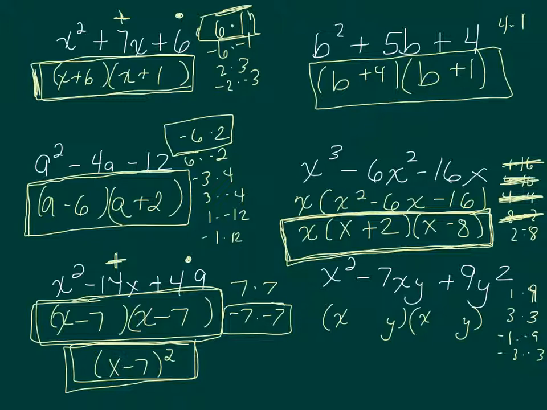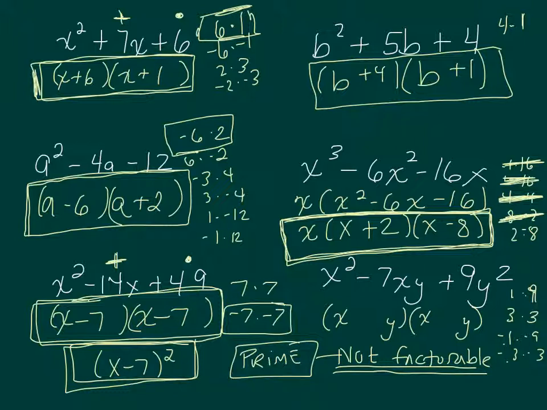Are there any other multiples of 9? I don't think so. So 1 plus 9 is 10. 3 and 3 is 6. Negative 1 and negative 9 is negative 10, and negative 3 and negative 3 is negative 6. None of those will be negative 7. So again, I think this is not factorable. And sometimes if a polynomial is not factorable, we call it prime. So either one of those will work, prime or not factorable.